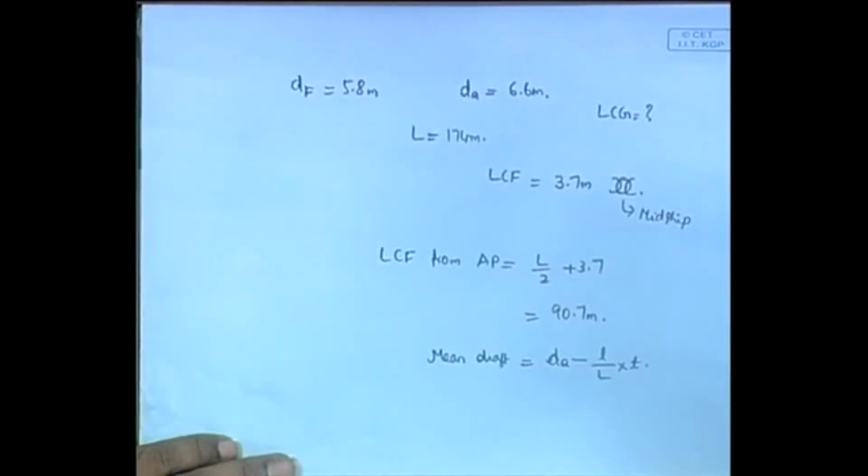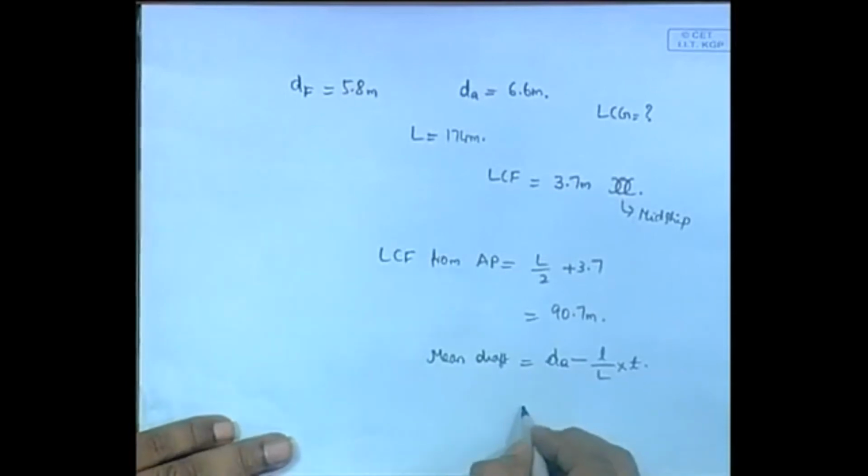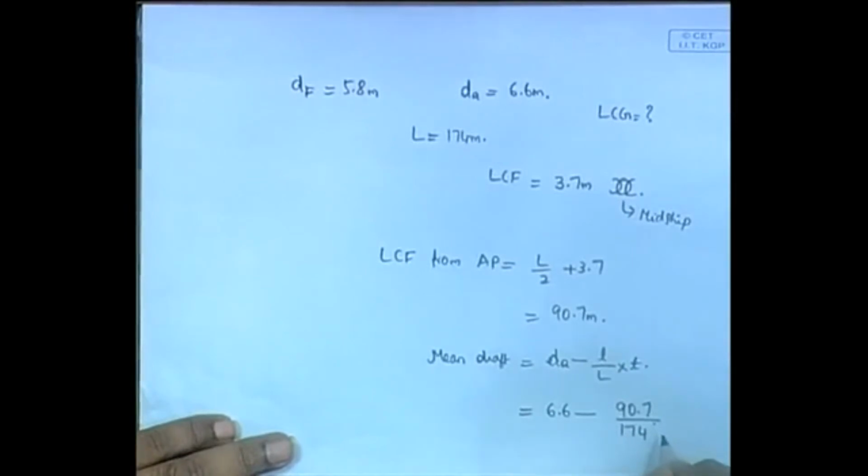Trim is again defined as the draft forward minus draft aft. So this is equal to draft aft, since you are given the drafts aft and forward, minus l, the distance of LCF, which is 90.7, divided by L, 174, into this trim, which is 0.8.